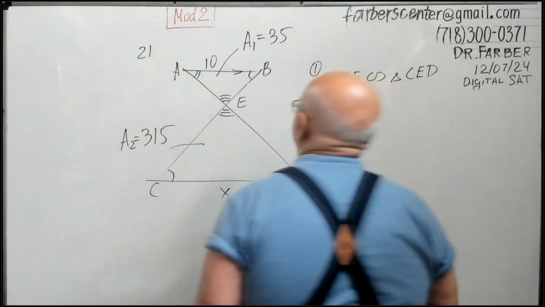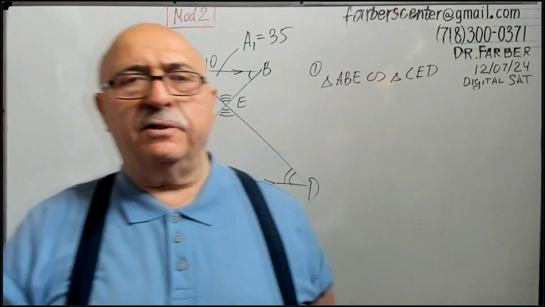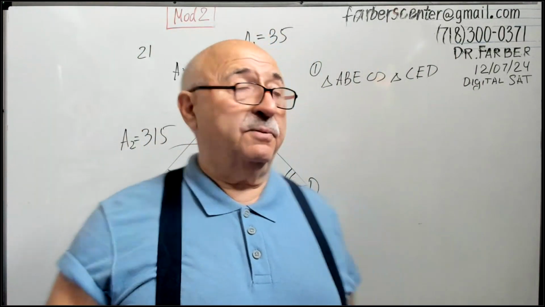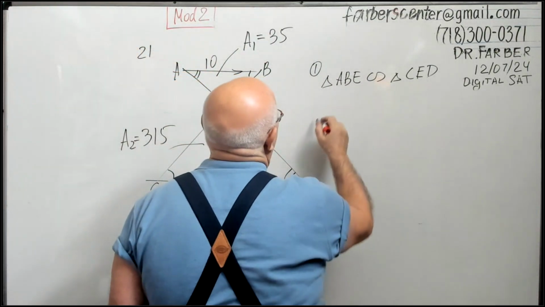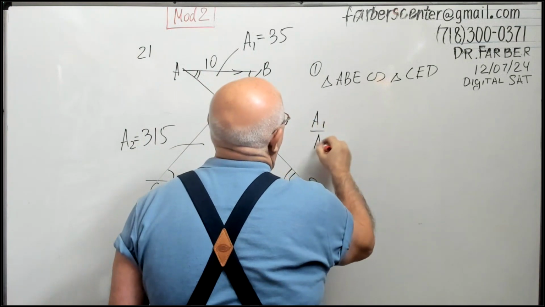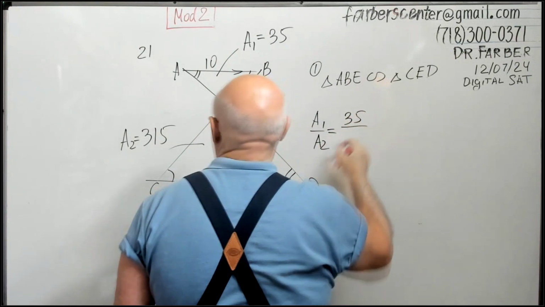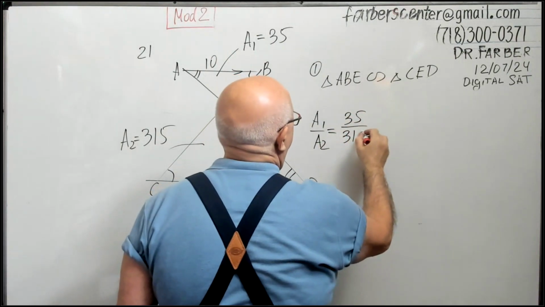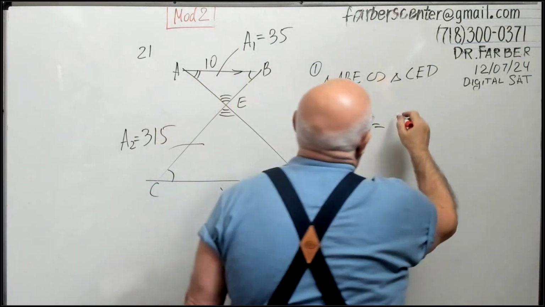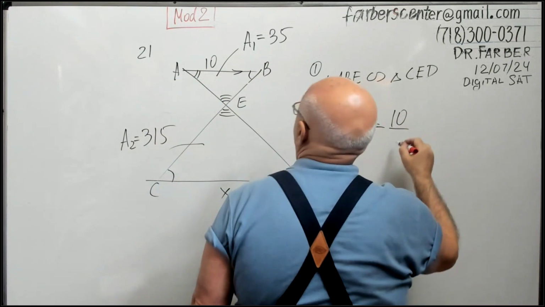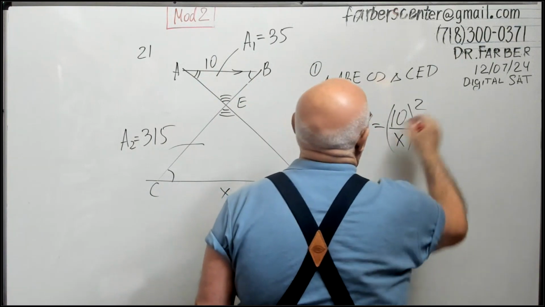If two shapes are similar, then remember we did many times, the ratio of the areas equals the square of the linear ratios. For instance, you can write area 1 to area 2, which is 35 over 315, equals the square of the linear ratios, 10 over x squared.